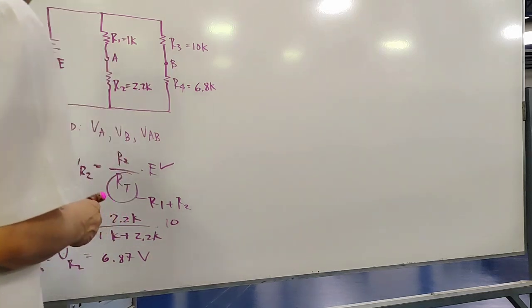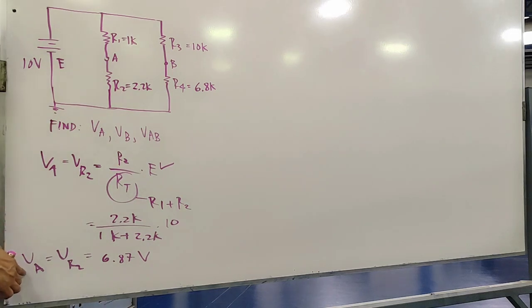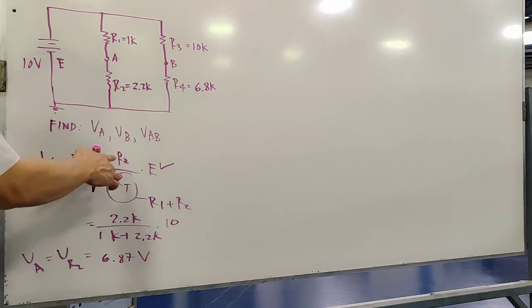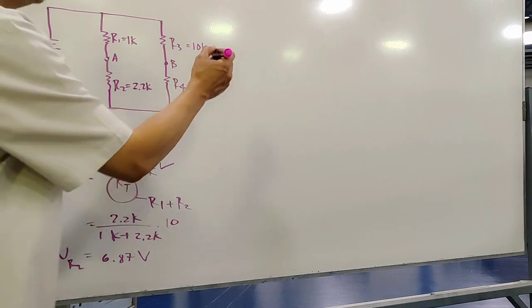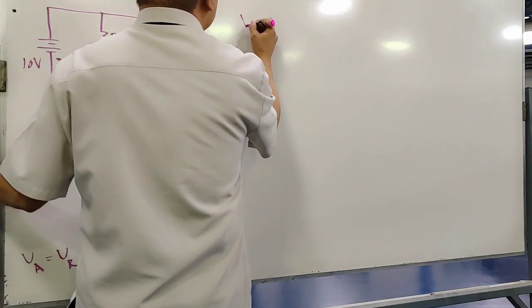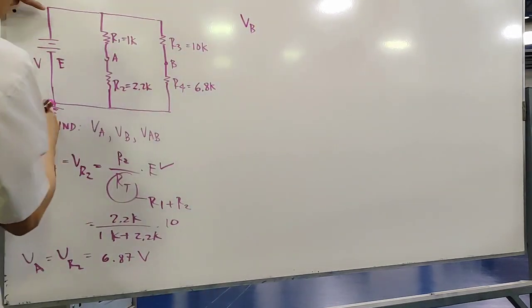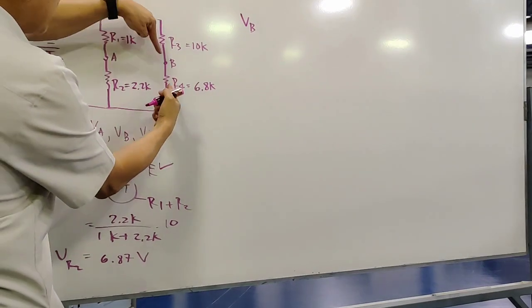So we already have VA. The next thing is to solve VB. How will you solve VB? Same thing. This 10 volts is across here, and we are after this one.